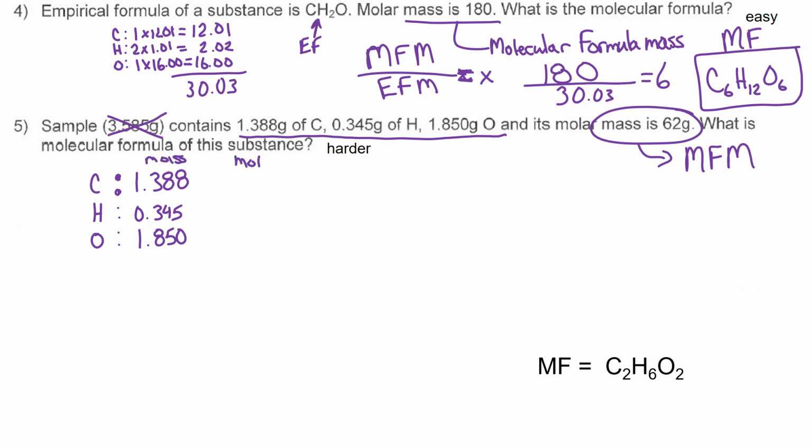For moles, I'm going to divide this by 12.01. So I get 0.1156. For hydrogen, I divide by 1.01. I get 0.342. And for the last one, I divide 1.850 by 16. I get 0.1154 or 0.1156 as well. Sorry, when I round.